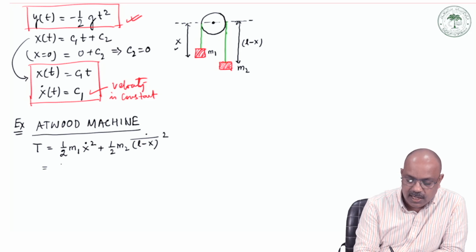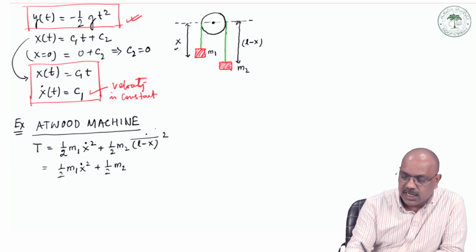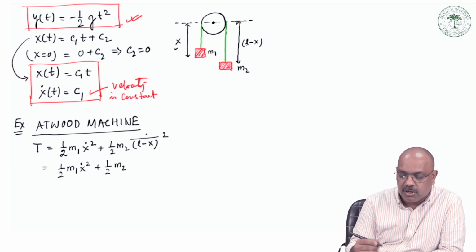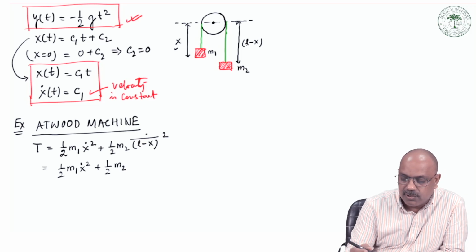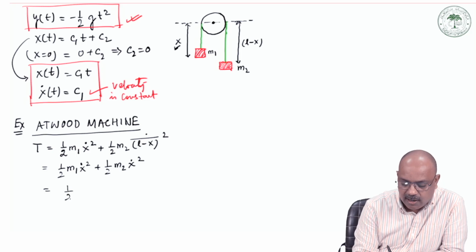Because L is constant, it is not affected by time, only x is, so I can safely write it as x dot square. So this is going to be half (m1 plus m2) x dot square.